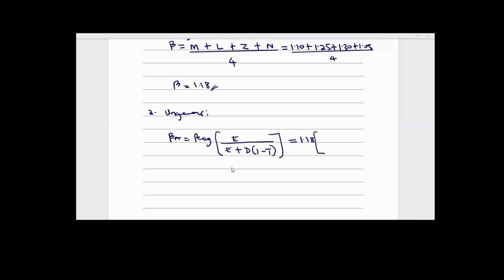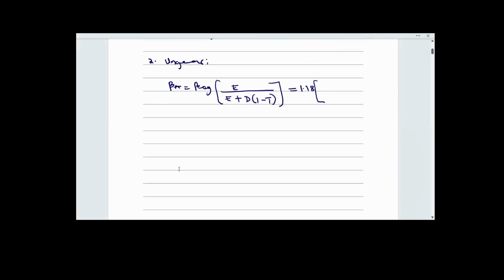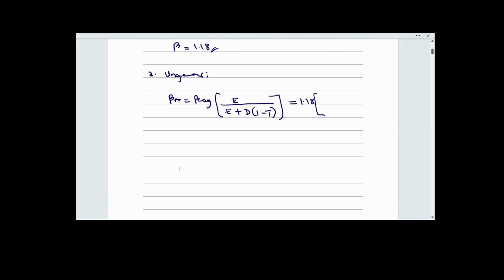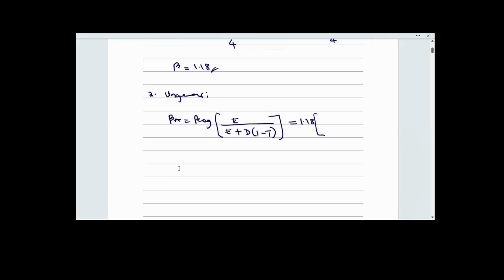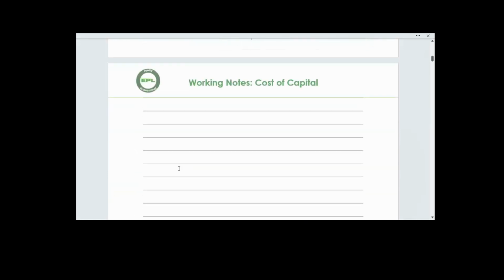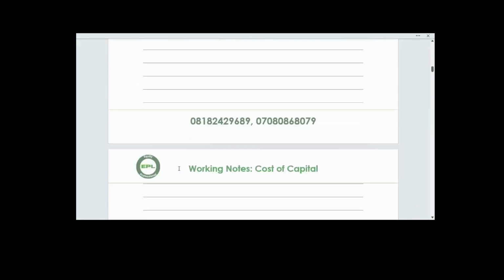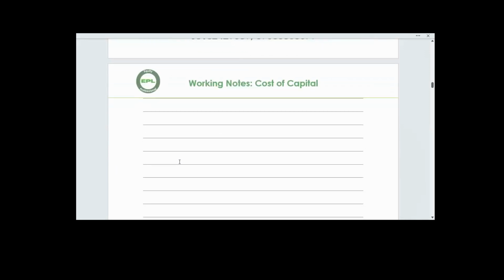I've already shown you how to calculate market value of equity and market value of debt when we did traditional work. So I will leave this page for the main answer, pages 1, 2, 3. Then I will go to page 4 for my workings.